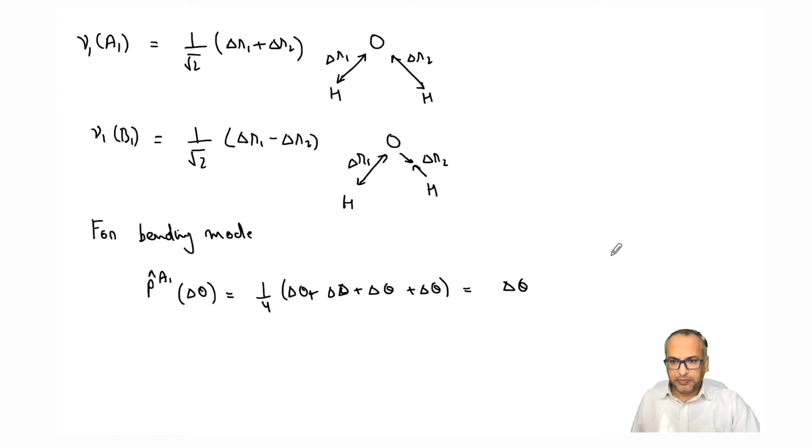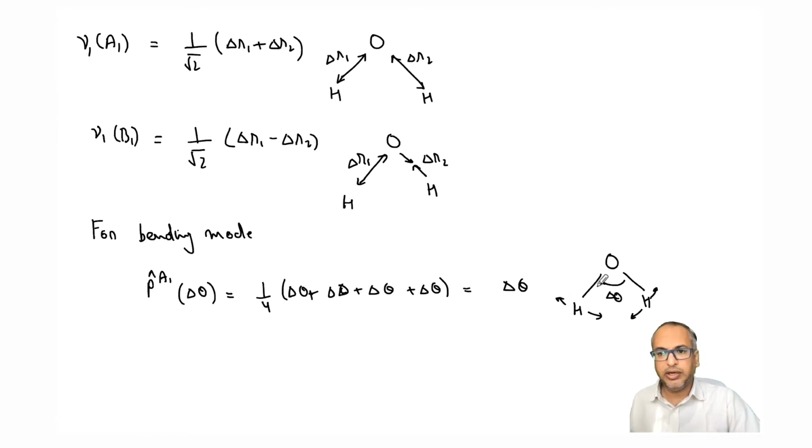So the only bending mode which is possible here is that the two protons will move like this, right? There is a change in the angle like this, increase or decrease. So that's the only bending mode which is possible.